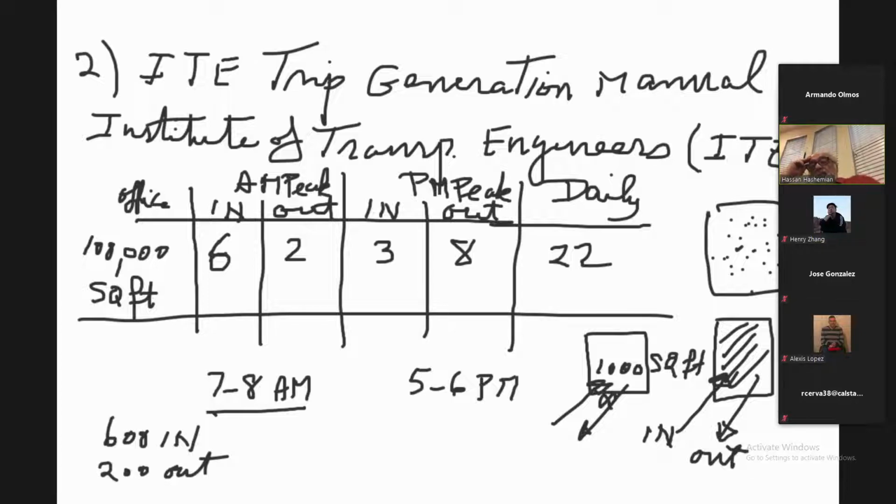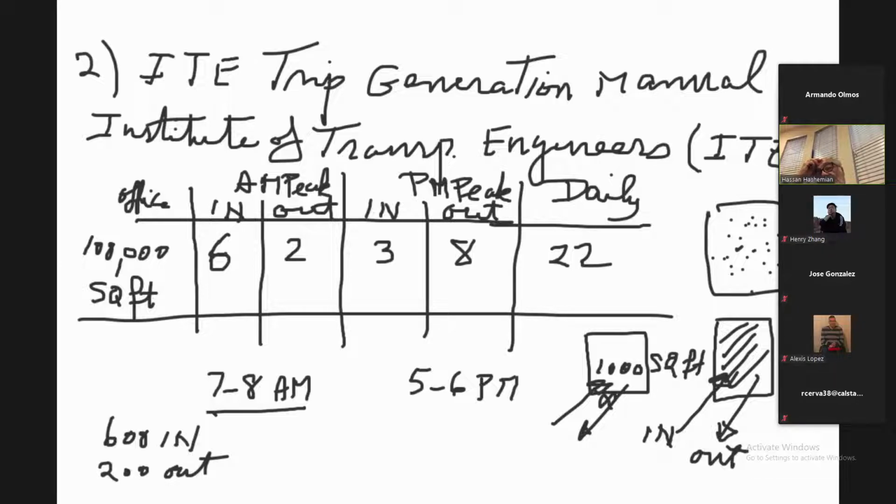So this trip generation manual has a very large data set, therefore it is more reliable than any other trip generation rate that we can develop, because they go for a very, very large data set. So any activity that you can think of, even a car repair shop, you can go in and see if you have a car repair shop of 2,000 square feet, how many trips are going in and out, and so on.